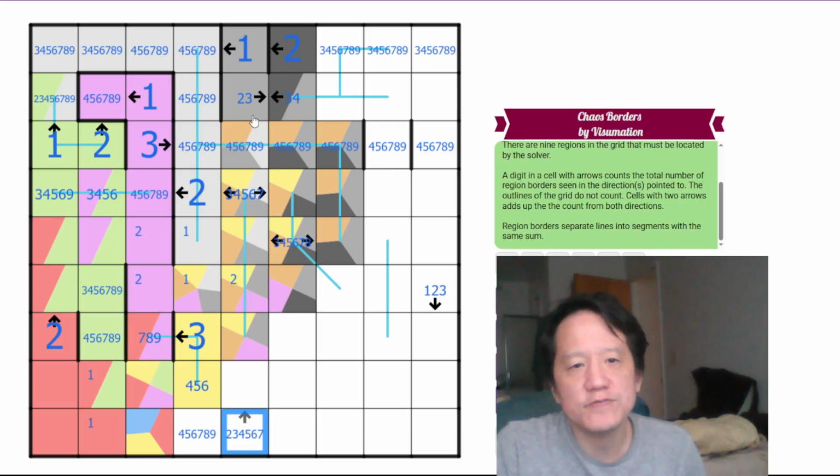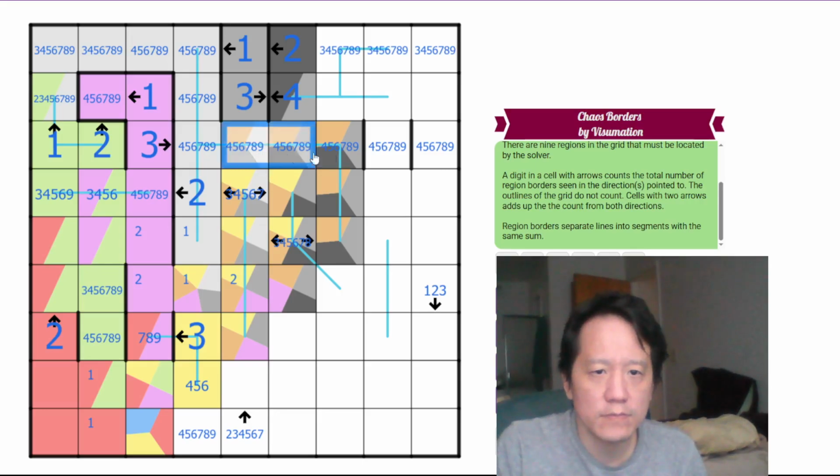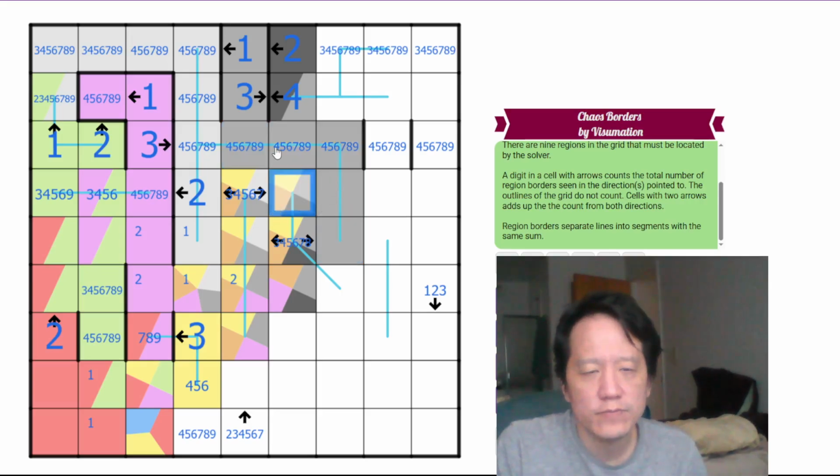What happens if this is 3? That is actually interesting, right? So it has to go this way. This all becomes medium, right? Because it extends to here. This is a boundary.